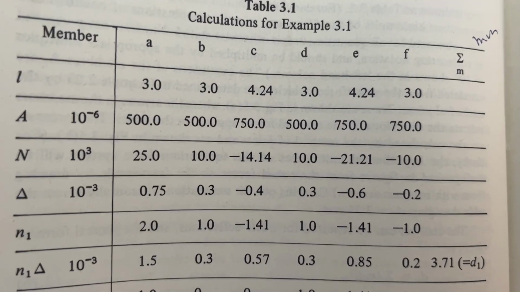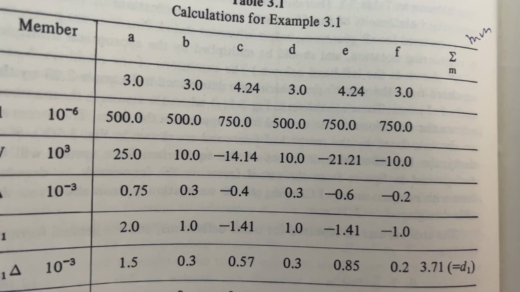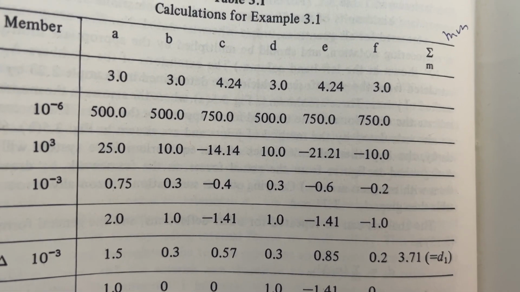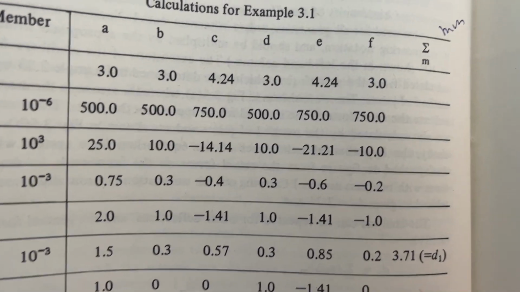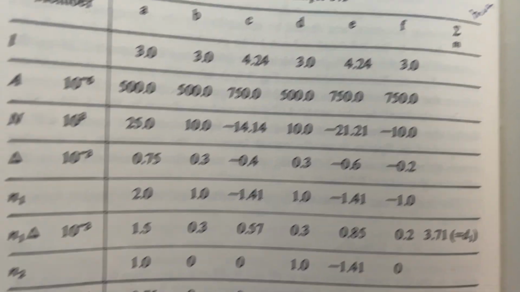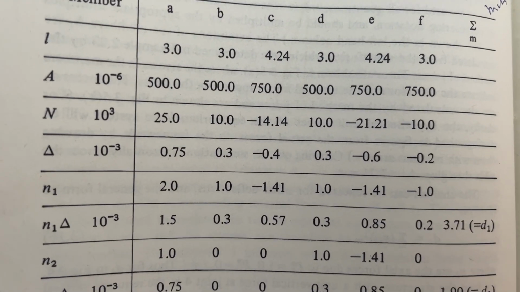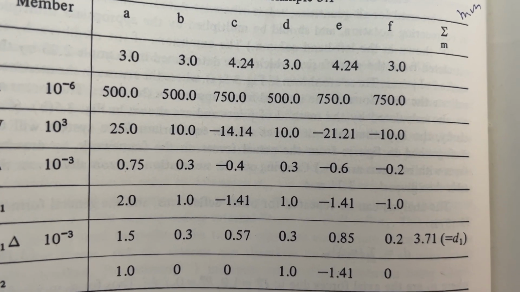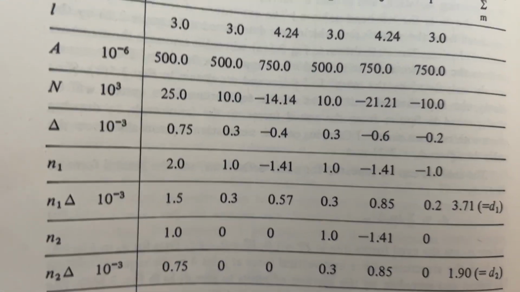So the length is 3 meters, 3,000 millimeters, 3 meters, 3,000 millimeters, 4.24 meters, 4,240 millimeters. A in meters squared: 500 times 10 to the minus 6, 500, 750, 500, 750, 750.